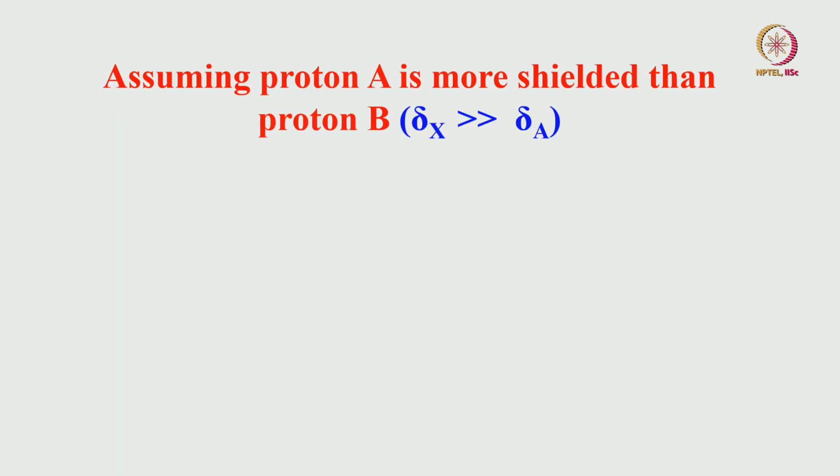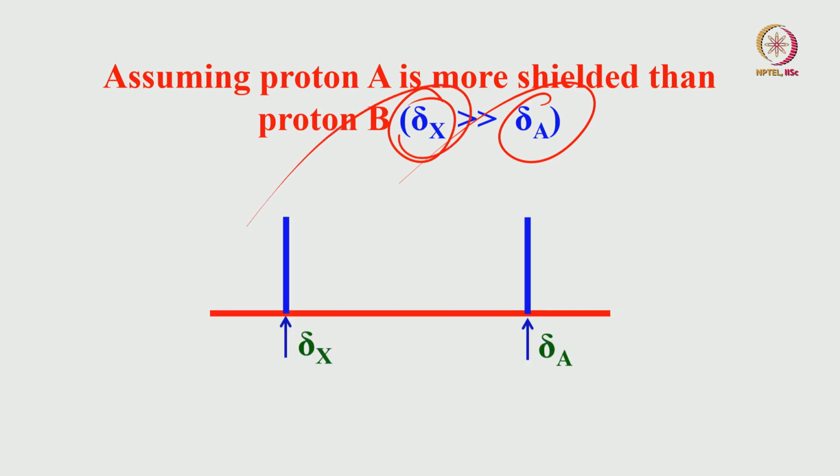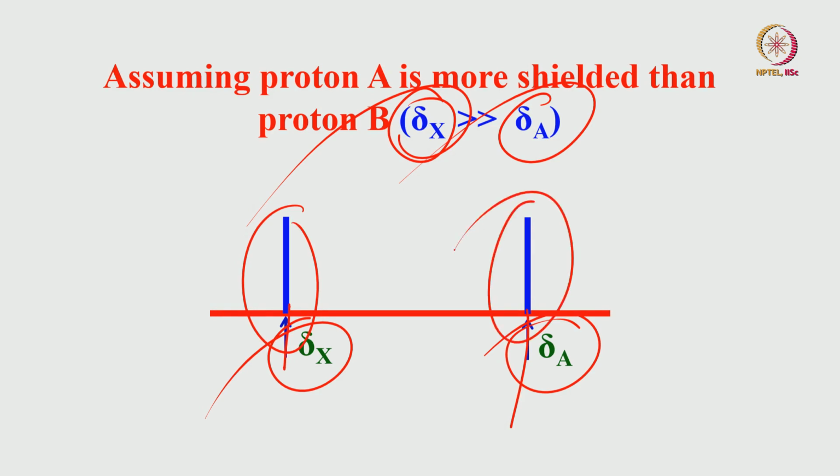We assume the chemical shift of one of them is larger than the other, whichever is larger, whichever is smaller, that is our assumption. I assumed here the chemical shift of X is more than that of A. So, X comes here, A comes here, and this is the chemical shift of X, this is the chemical shift of A. And remember, both are of equal intensity, and it appears as a single line, but there are 2 lines overlapped.